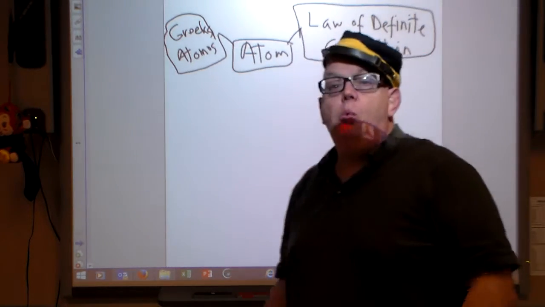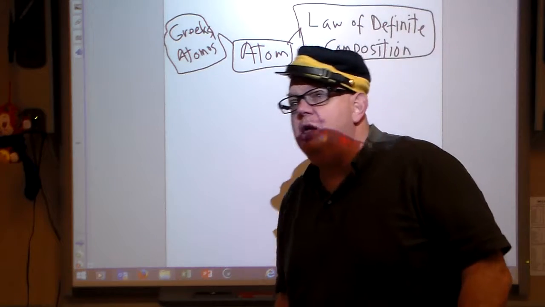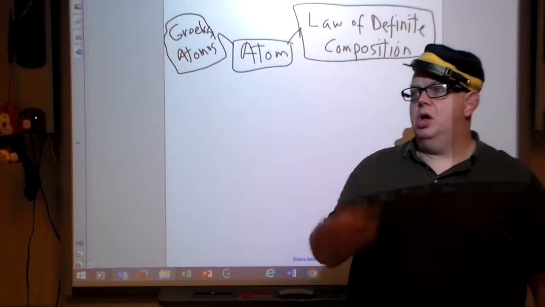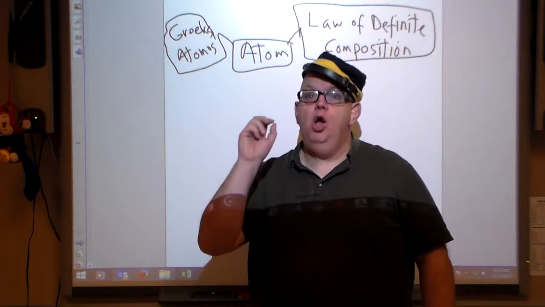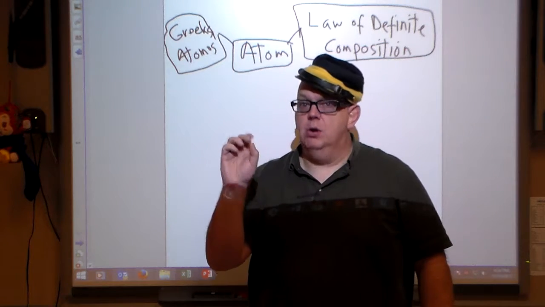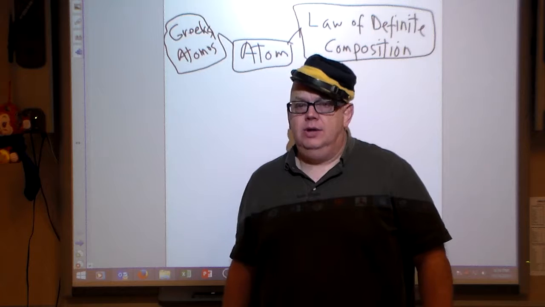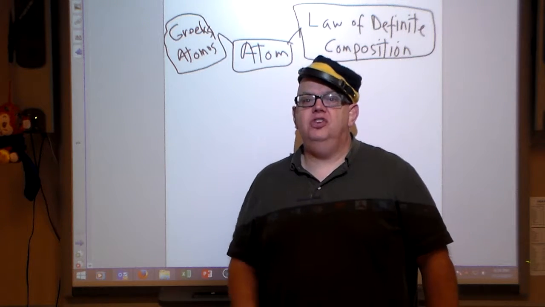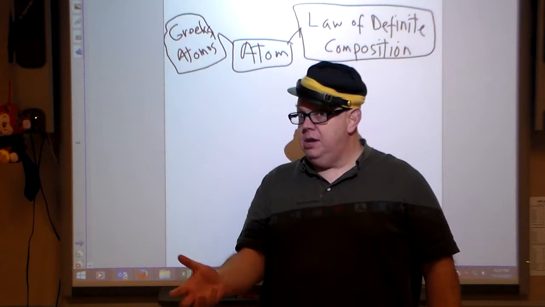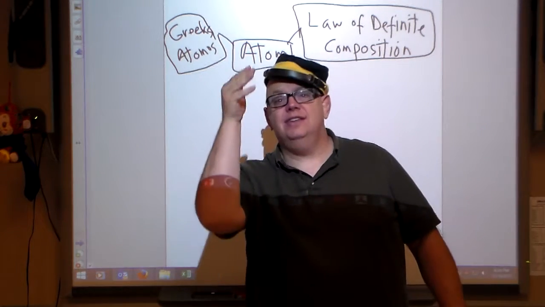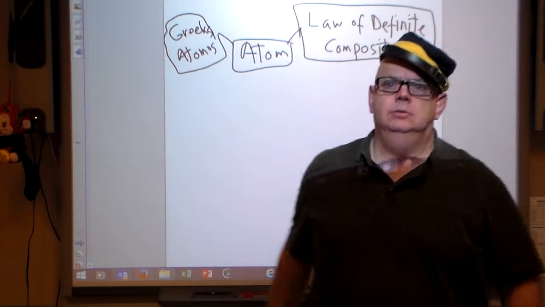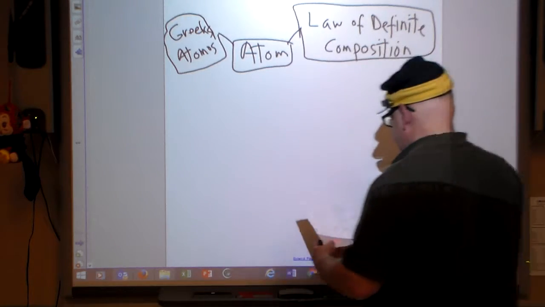Look, for water, it's going to be always made up of 2 hydrogens to 1 oxygen. Sodium chloride. 1 sodium, 1 chlorine together. Boom, that's it. Okay, that's definite composition. Composition, what is something made up of? Definite, yep, that's it. It's a fact, Jack. Moving on.